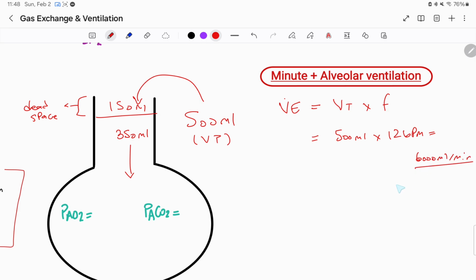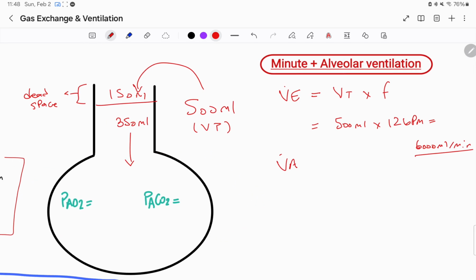But over here, we didn't take into account the dead space, the air that was actually lost. So now let's calculate the alveolar ventilation. Why is it called alveolar ventilation? Because it's the amount of ventilation actually occurring at the alveoli, how much air is actually making it to the alveoli.